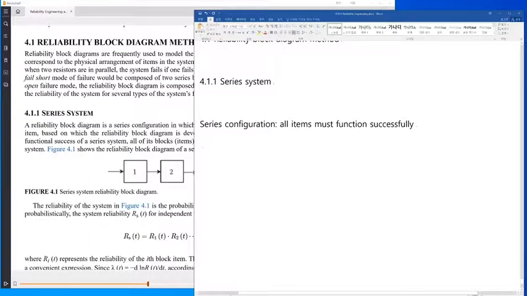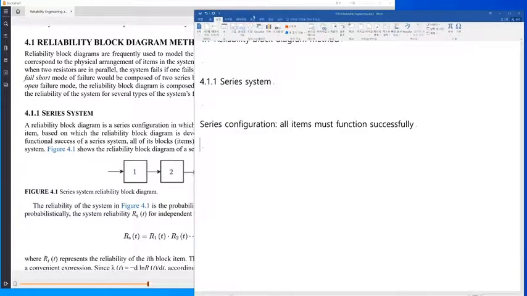So how can we calculate the reliability of the system?